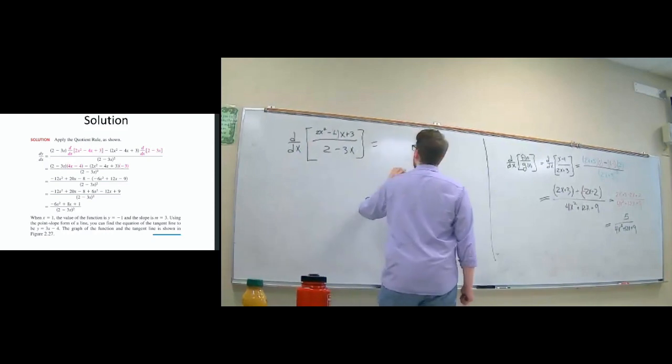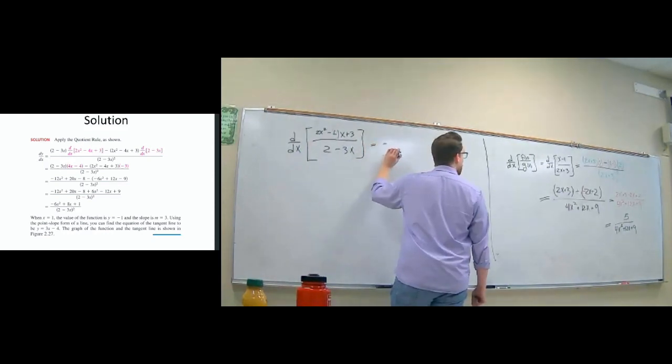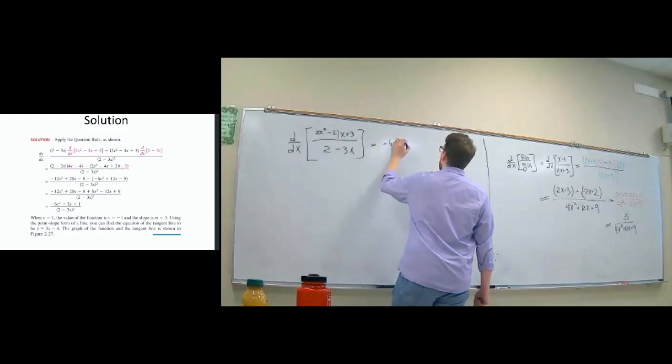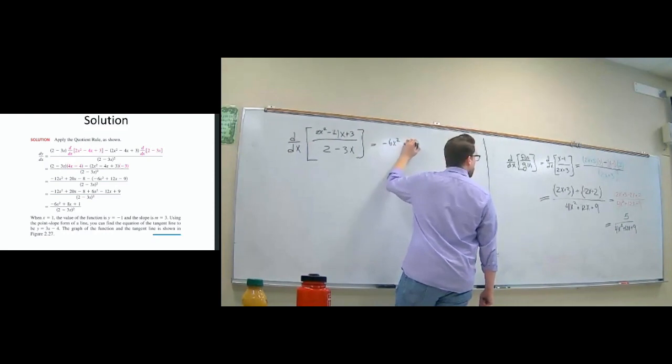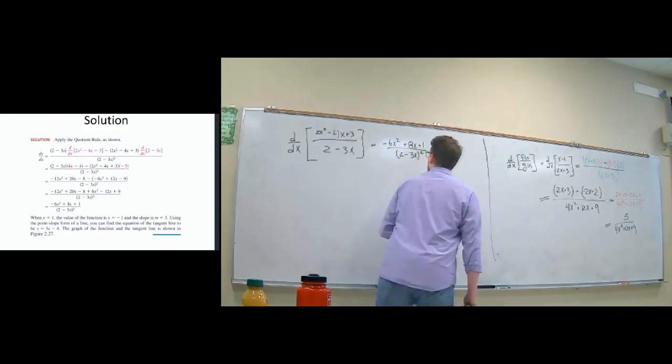That thing is equal to negative 6x squared plus 8x plus 1, divided by 2 minus 3x, that quantity squared. Okay.